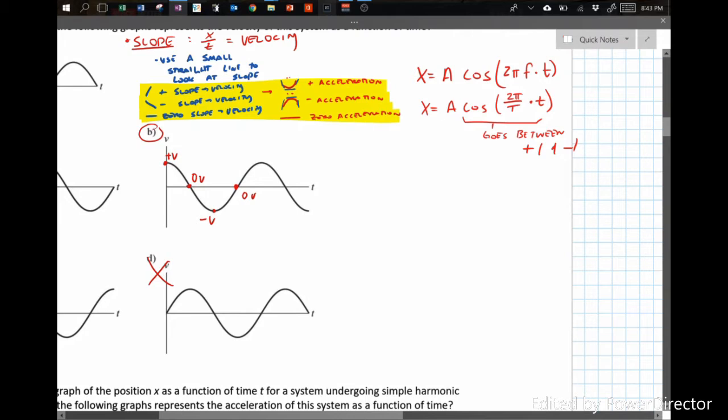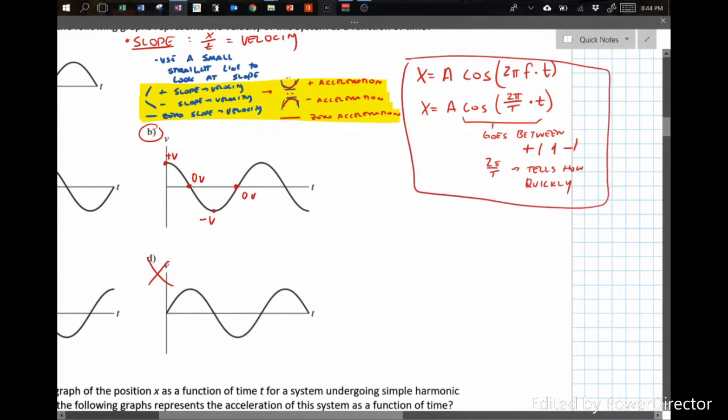So that means overall my position goes between a positive amplitude and a negative amplitude. And then the 2 pi over the period tells how quickly we go between the positive and the negative. This is a good thing to know, what the function of this graph is. May come up.